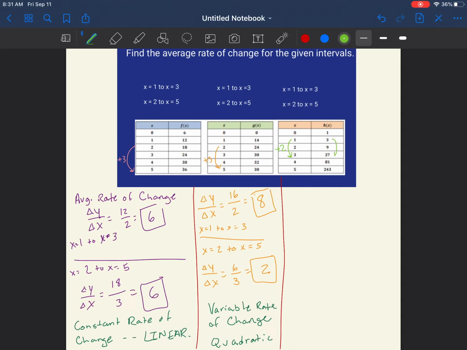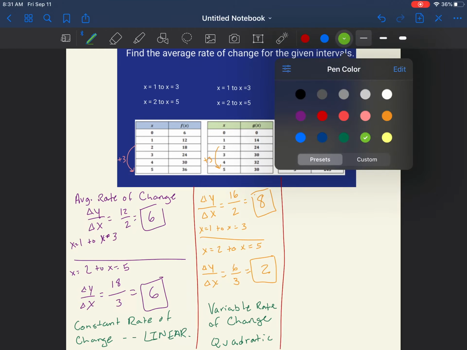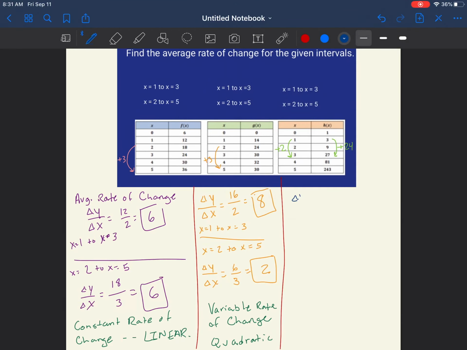And over here, the corresponding outputs go from 3 to 27. That's plus 24. We are going from x equals 1 to x equals 3.